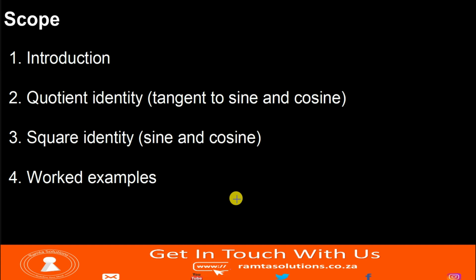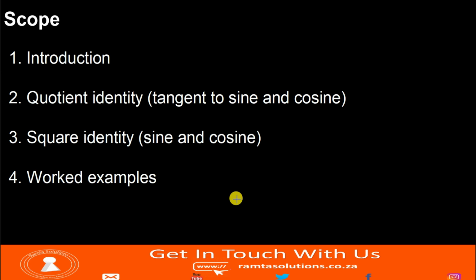Now, when we talk of identities, basically this is where we are equating the left hand side and the right hand side. So you shouldn't really worry much about what they are. You just need to know what they look like.